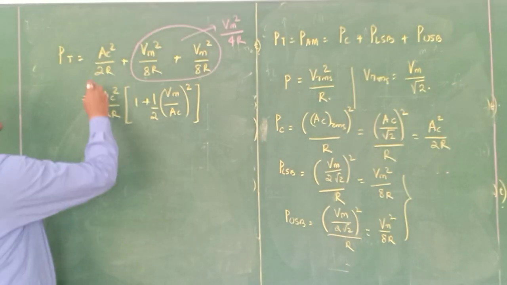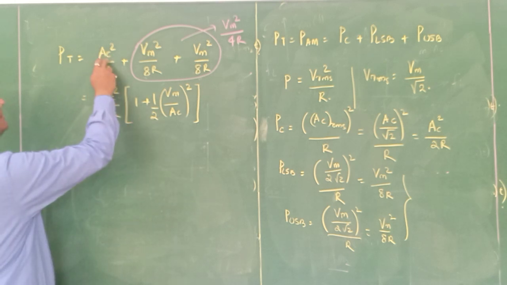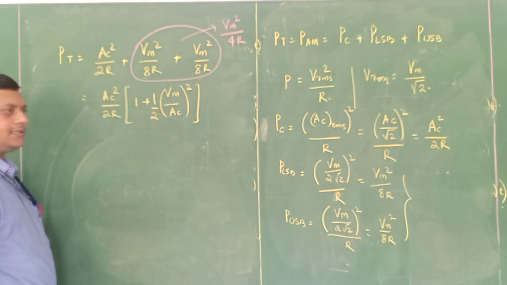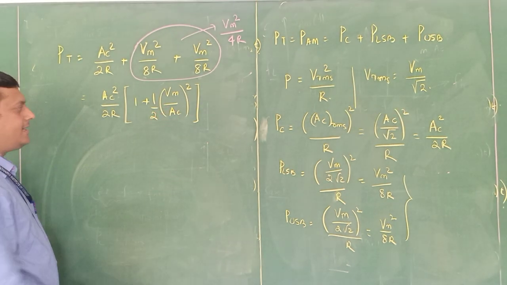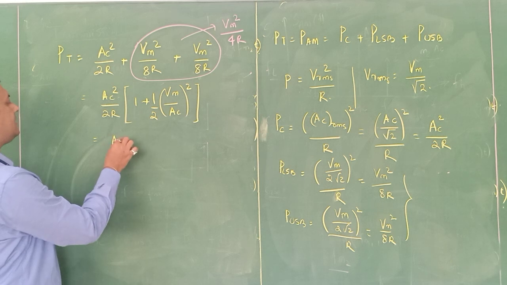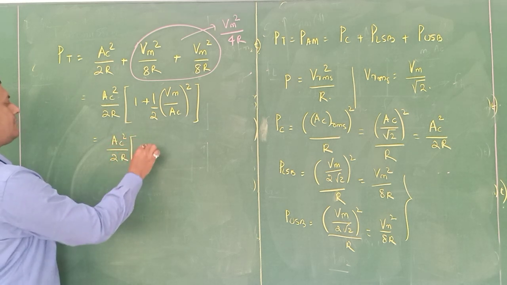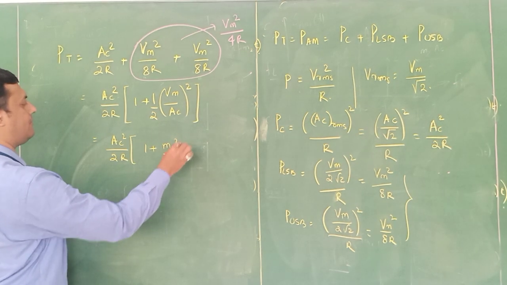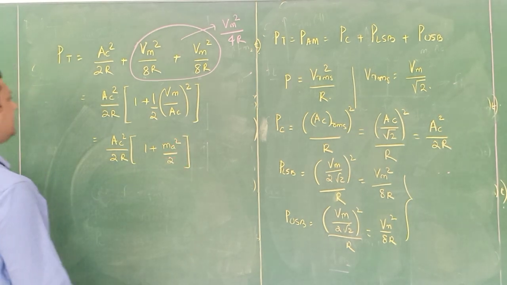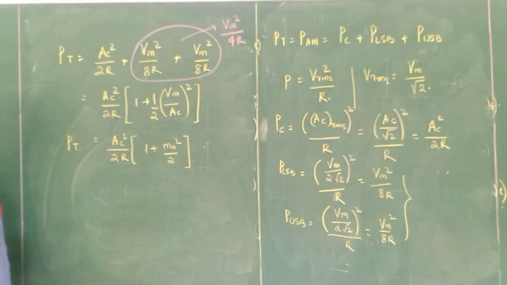And since I am taking AC square by 2R common, I need to divide by AC here. So it is Vm by AC. Now what is this? This is nothing but modulation index. So it is AC square divided by 2R, into 1 plus MA square divided by 2. And this is my total transmitted power or total AM power.